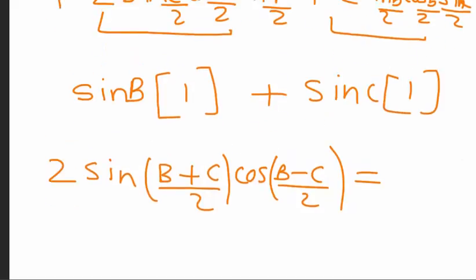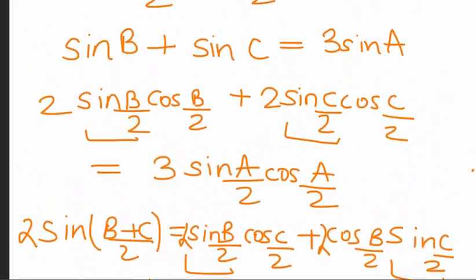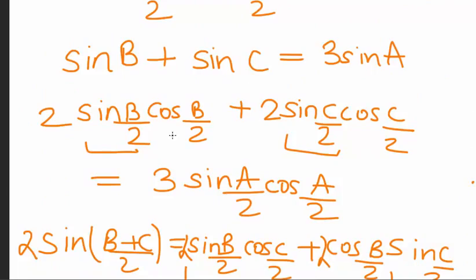and now let's focus on the right hand side. This was our right hand side, 3 sine of a by 2 cosine of a by 2. Now recall that there's a fundamental property that in a triangle the sum of the angles is equal to 180 degrees.